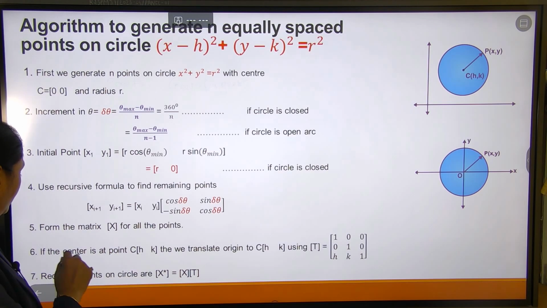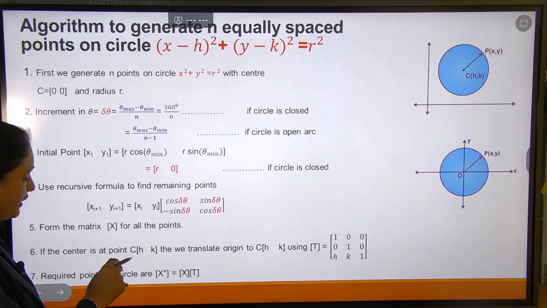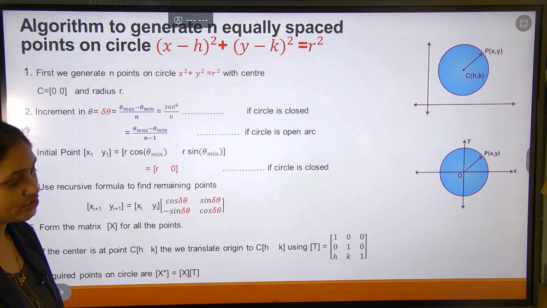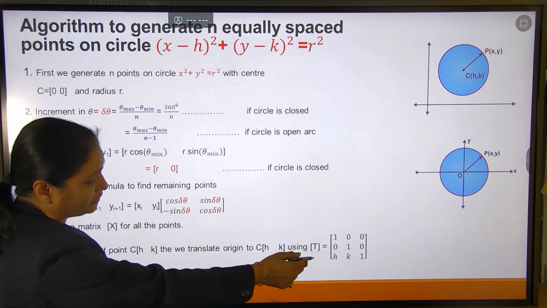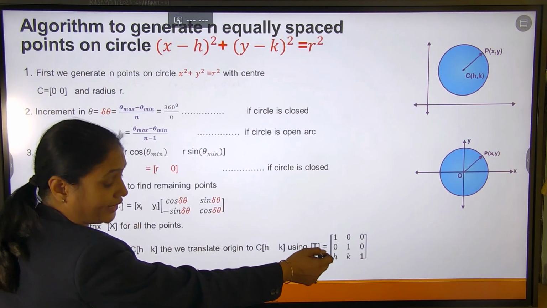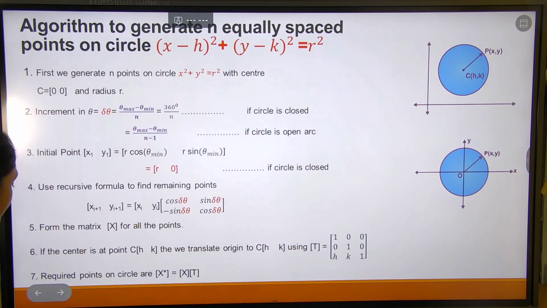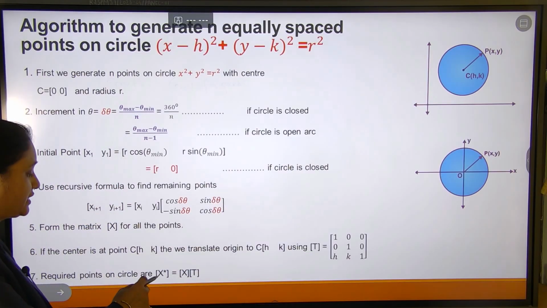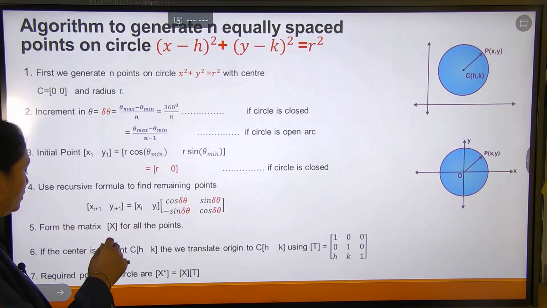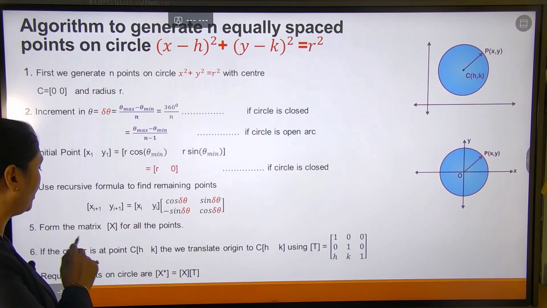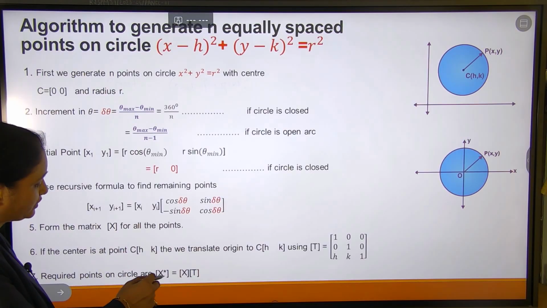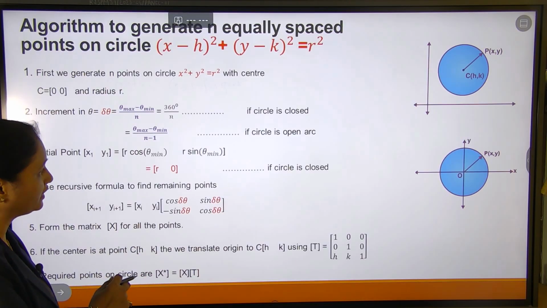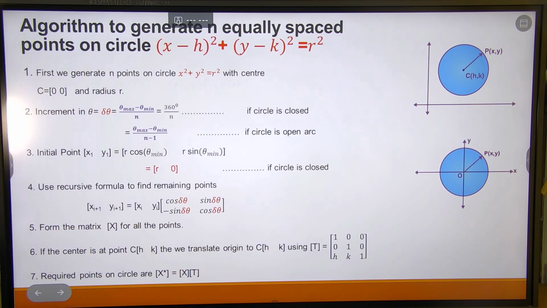And then if the center is at point h comma k, then we translate the origin to h comma k using this translation matrix 1 0 0, 0 1 0, h k 1, and then the required points on the circle are X star is equal to X into T. So the matrix we formed X, we apply the translation matrix on that matrix to get the required points on the circle whose center is h comma k.